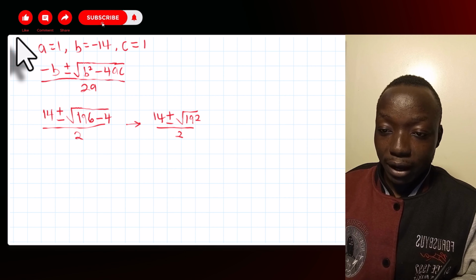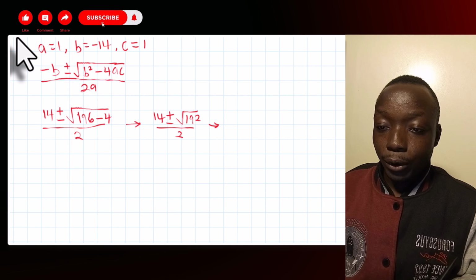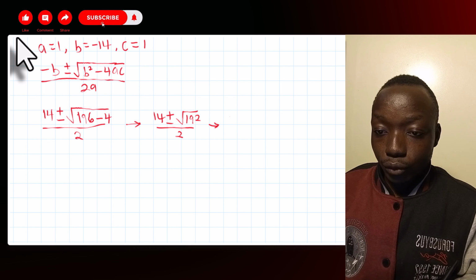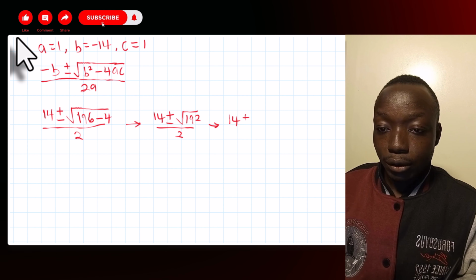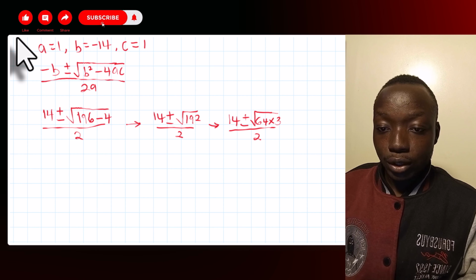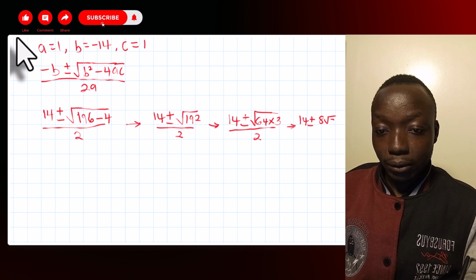And if we simplify this further, we're going to have 14 plus or minus square root of 64 times 3, all divided by 2. So this will give us 14 plus or minus 8 square root 3 over 2.